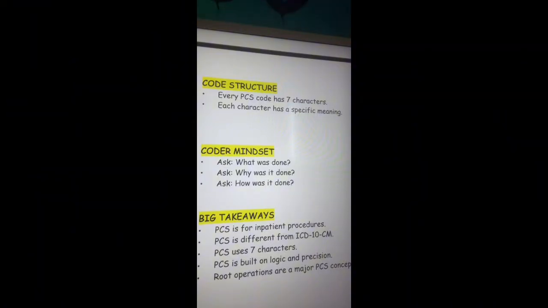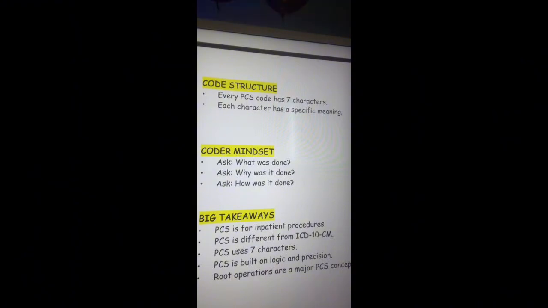PCS uses 7 characters. We'll go through the 7 characters. So remember, it's not 6 characters. It's not 8. It is 7 characters. PCS is built on logic and precision. Okay? And once we look at the tables, as we get further, you'll see the logic and the precision to detail.